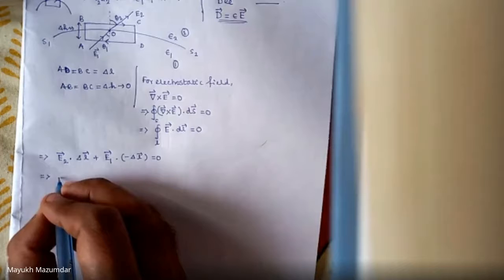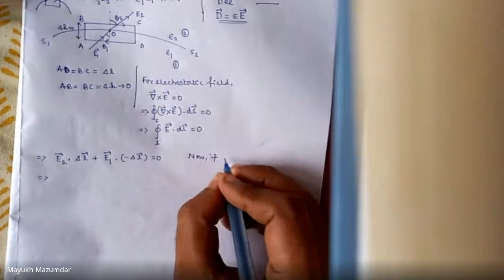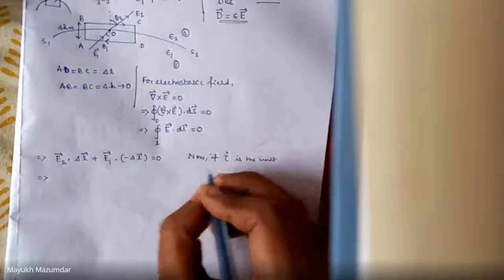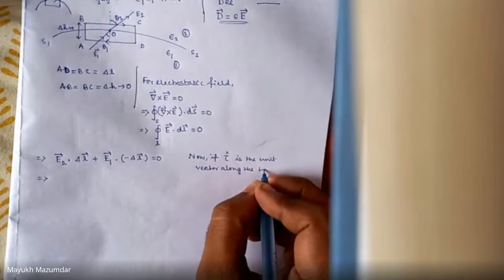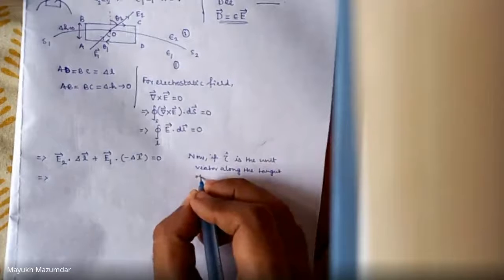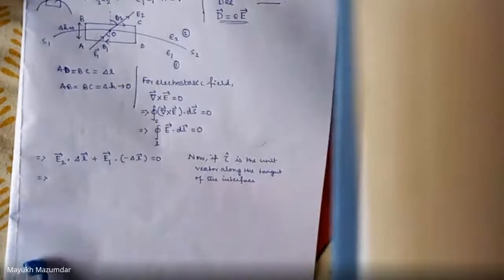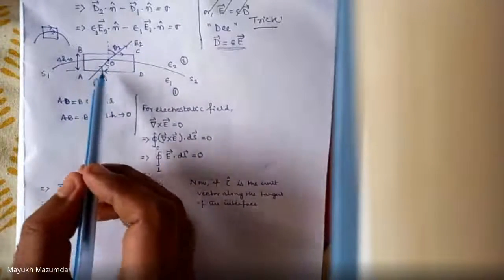Now, say tau cap is the unit vector along the tangent of the interface, which tells you the direction parallel to the interface. n cap was normal to the interface and tau is parallel to the interface.